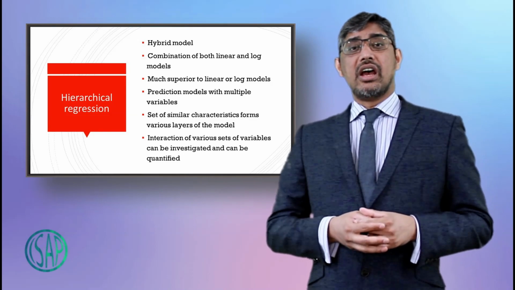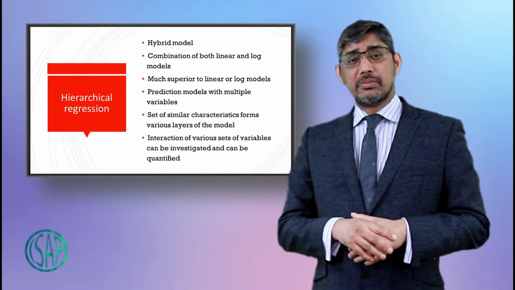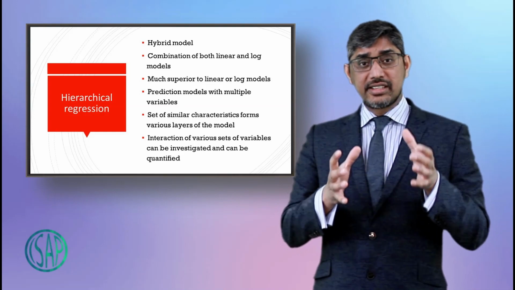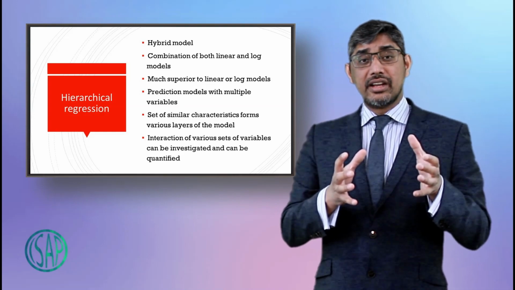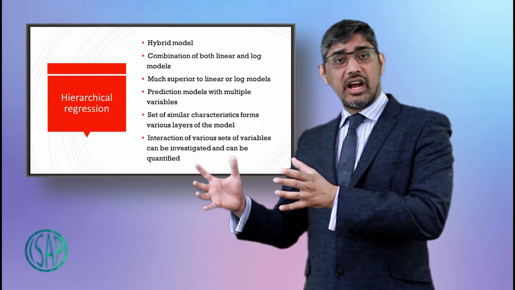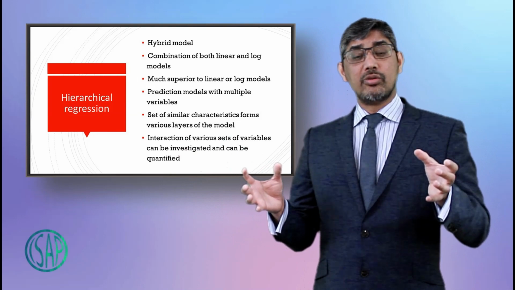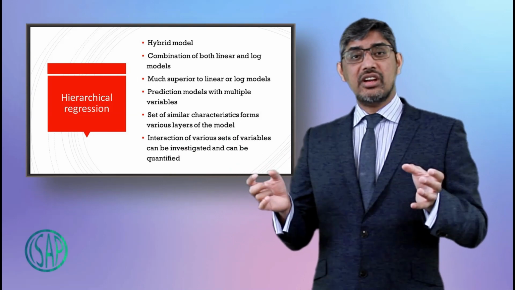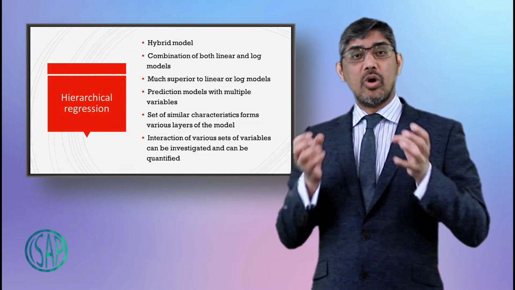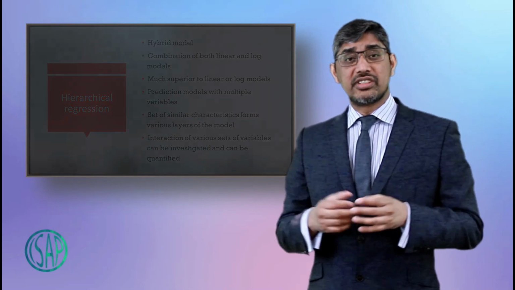Whereas if you use hierarchical, hybrid models, which combine the various similar characteristics of data together as a single set, it will test against another set of variables to see how they interact with each other. So we can measure the R-square change from one model to another, which is possible only through hierarchical models because they are very sensitive and advanced.